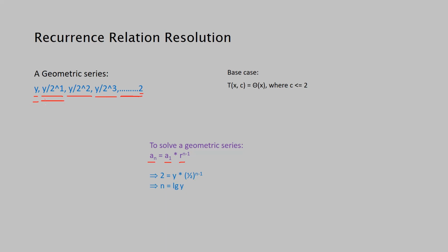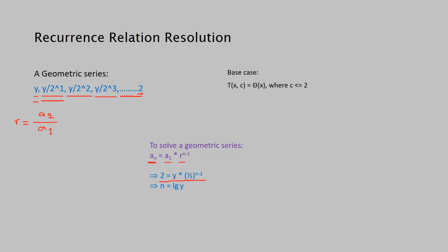So if we divide a sub 2 by a sub 1, we will get the ratio. So this is how we find out the ratio, and this will be 1 by 2 here, so this will be half, and we need to find the value of n, and a sub n is 2 because that's the base case, so we can solve for this.